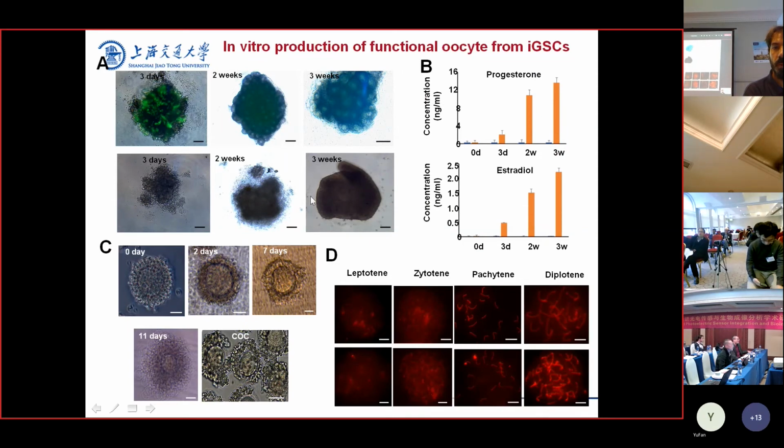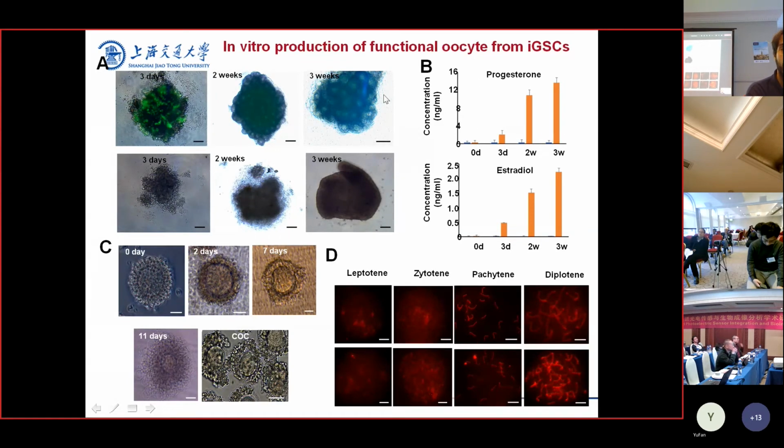Through the pictures, we can see in vitro production of functional oocytes from IGSC. This is at 2 weeks and 3 weeks, and IGSC can develop similar to the ovary, without the 4-gene transgenic or knockdown.